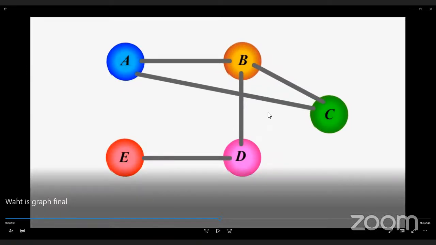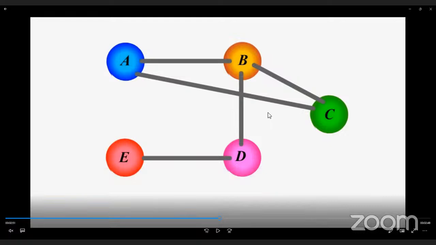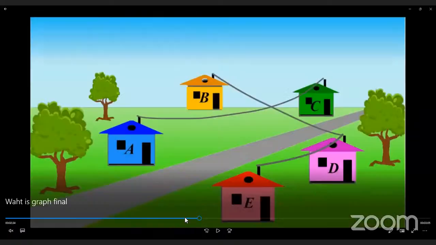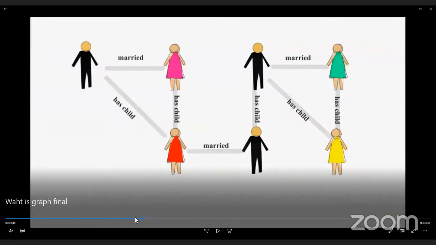I'm going to give you, later on, maybe next week, the network you have to do. For example, houses or a computer network. If it is a computer network, then you have to do something like this.